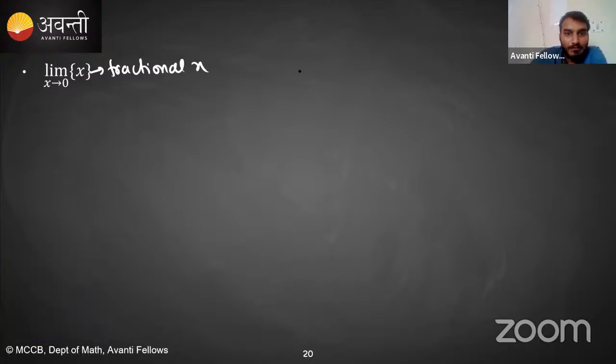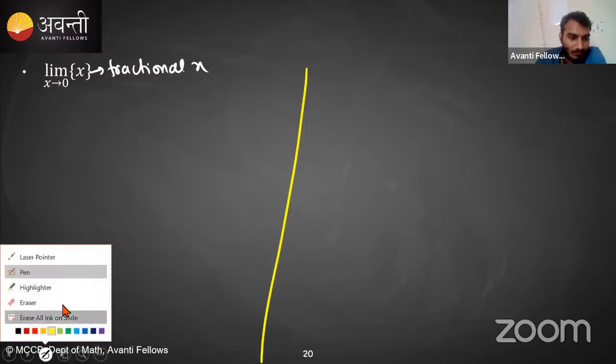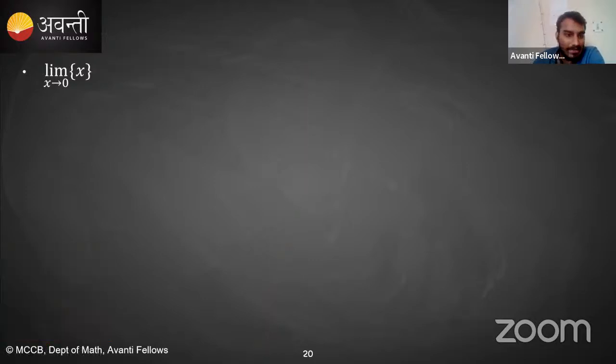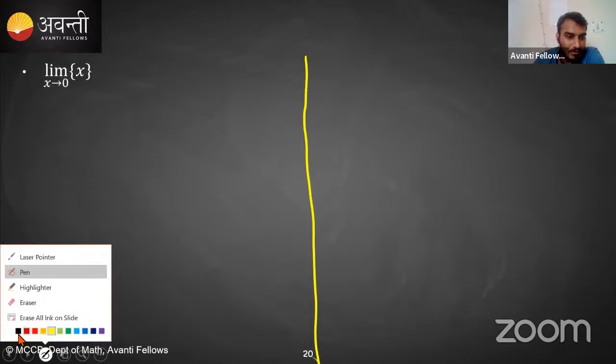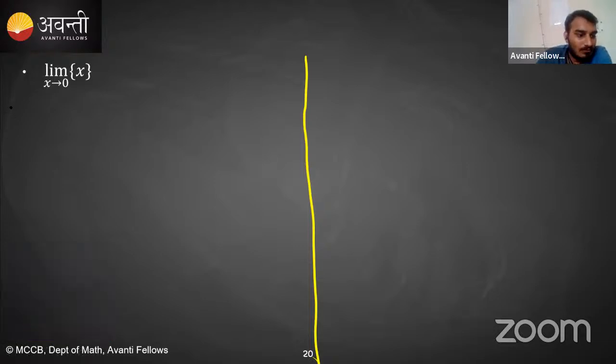First start finding the left hand limit, then the right hand limit. So let's start. What is left hand limit? Left hand limit is limit h tends to 0.